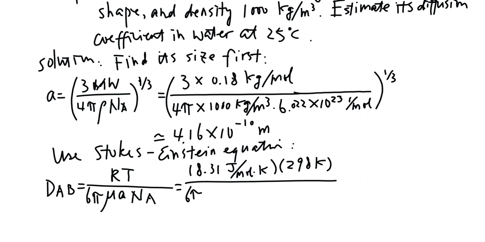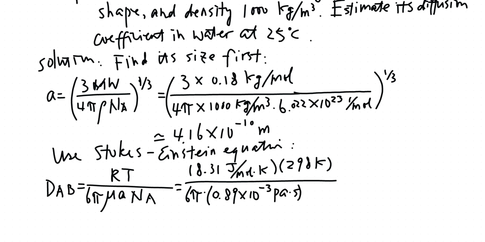Then mu. If you look back at the number we gave at 25 degrees C, the viscosity is 0.89 centipoise, which is 0.89 times 10 to the power of minus 3 Pascal second.